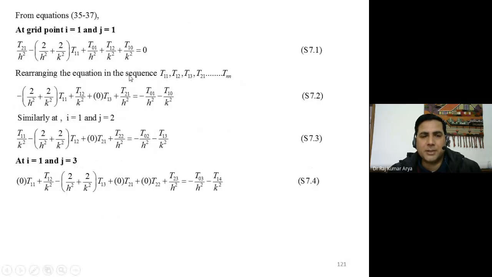Now T(i,j) would become twice, getting contributions from two terms. If you put i equal to 1, j equal to 1, your equation can be rearranged into this particular format.